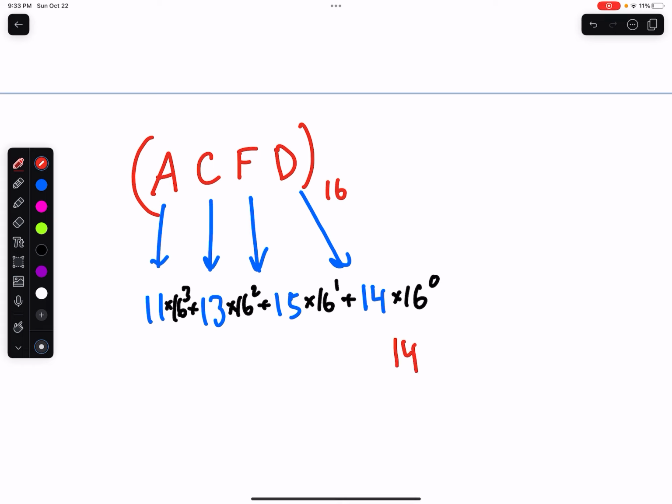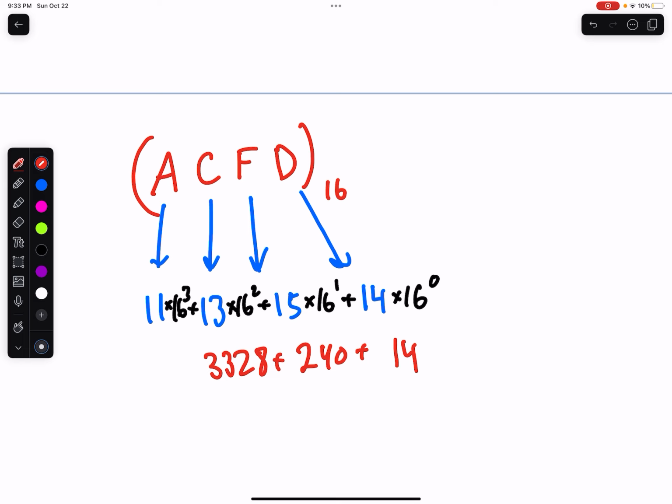So we have 14 1's. Recall again, 16 to the 0 is not 0, it's 1. Then we have 16 by 15. It's just 240. We have 13 256's, so that's 13 times 256, that's 3328.